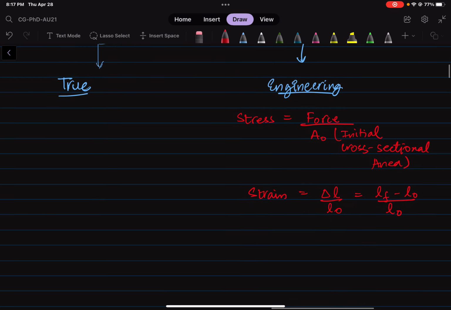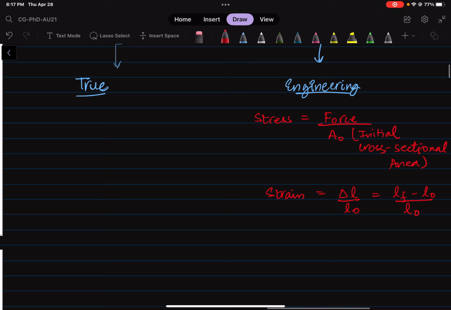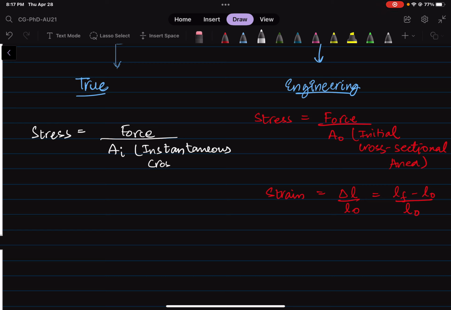All right. And on the other hand, when you are trying to write true stress, let's write that with white color. True stress is force divided by the instantaneous cross-sectional area.